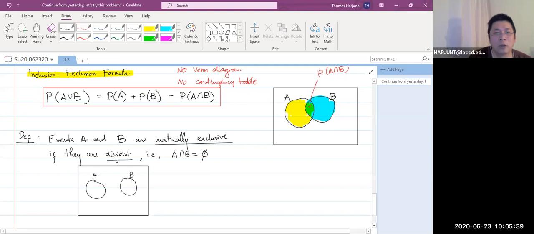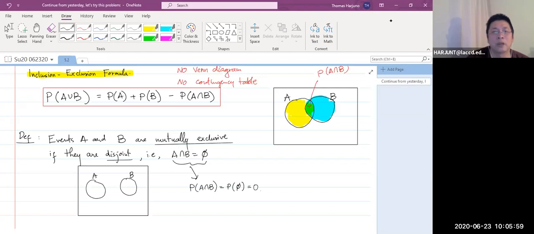Because the intersection is an empty set, what do you guess the probability of the intersection to be? That will be 0. If two events are mutually exclusive, the intersection is the empty set, and the probability for that to happen is 0.